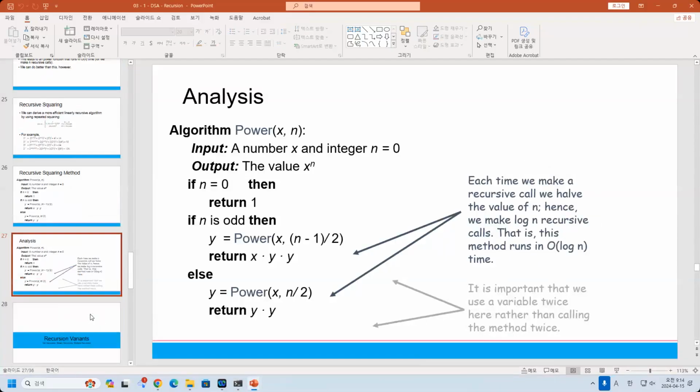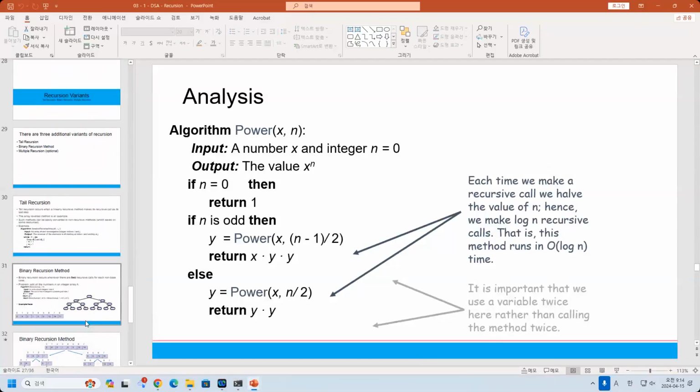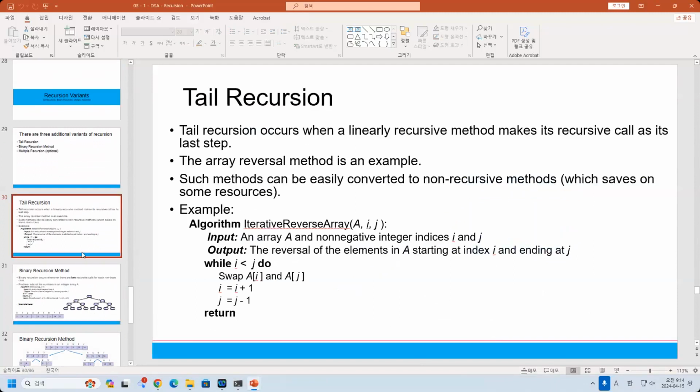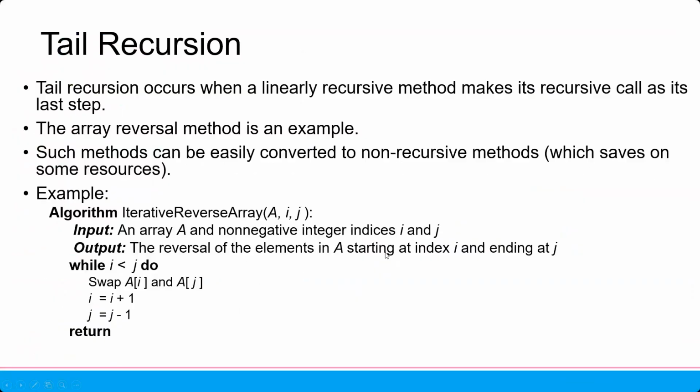And then next, let's deal with the tail recursion. I think this tail recursion is the one that you learned about with the reverse. So one more time, I would like to explain. A tail recursion occurs when a linearly recursive method makes its recursive call as its last step.